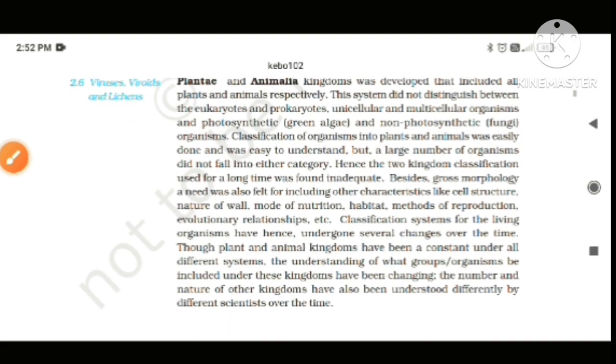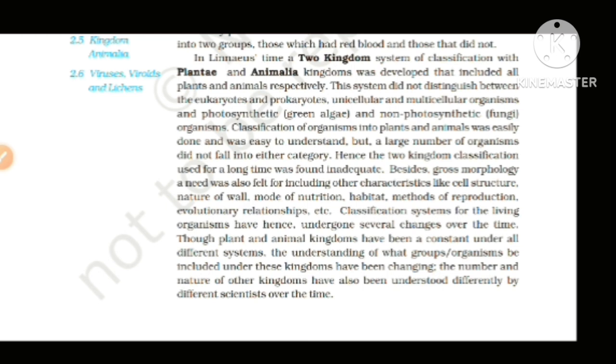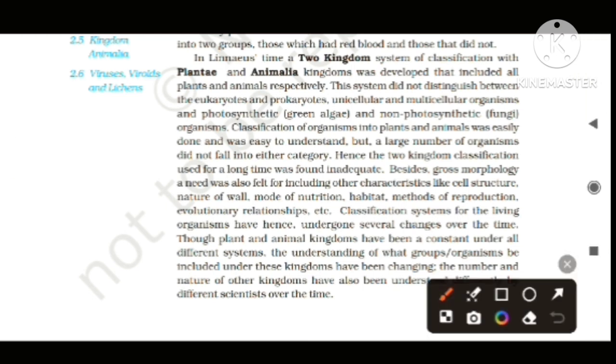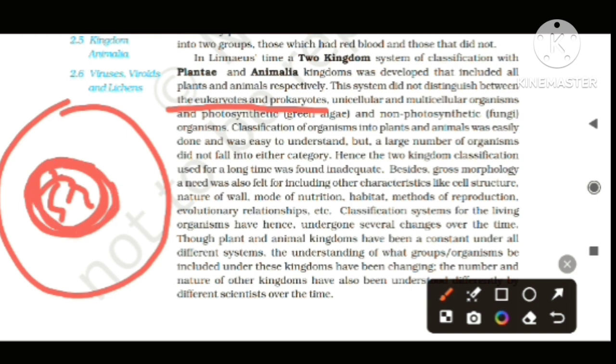This system did not distinguish between eukaryotes and prokaryotes. These were the exceptions. Eukaryotes are those that have a definite nuclear membrane. The genetic material is in the nucleus of the cell, and this nucleus is covered by the nuclear membrane.